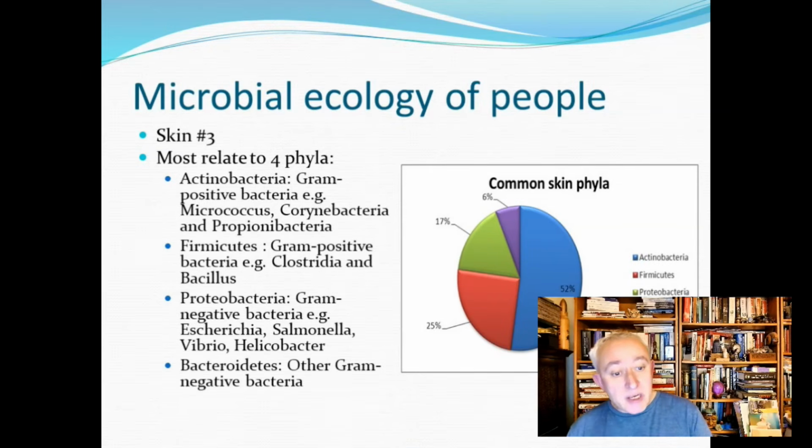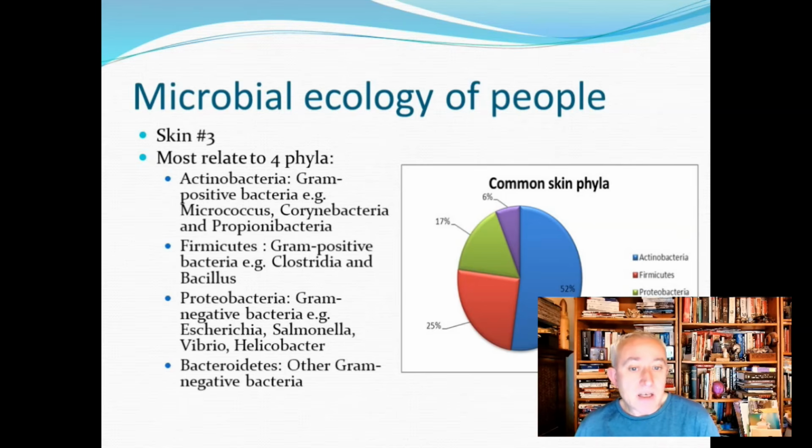Now, the studies into the human microbiome of human skin have shown that there are up to 1,000 different species on typical people, and that's based across a number of geographical habitats. But these can be divided into around 19 phyla, or groupings of similar organisms, genetically similar.